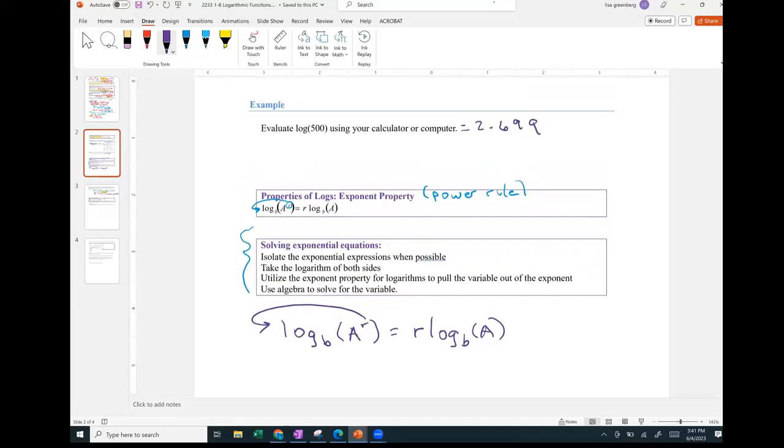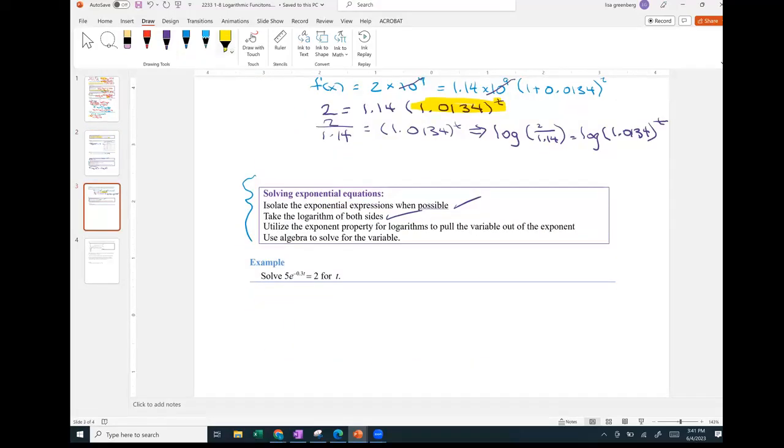So here's where I am. This is where I left off. I can say that the log of 2 divided by 1.14 is equal to, using the power rule, t times the log of 1.0134. Okay? Done.